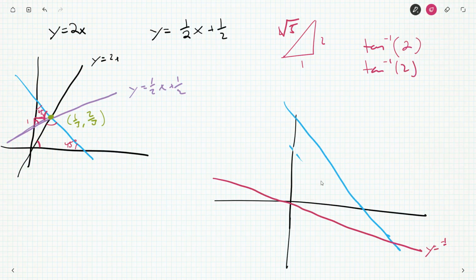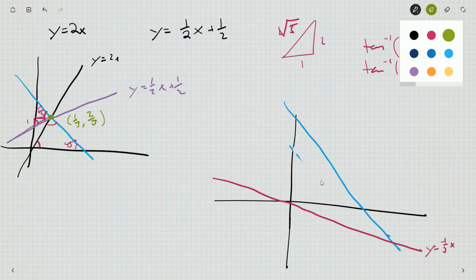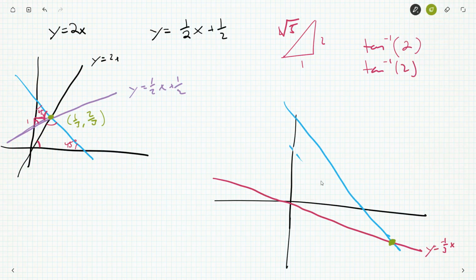So here we got y equals negative 1/3 x. So we do get an intersection point down here, and this intersection point should be 1 over k plus 1. So this should be 1 over 2/3 or 3/2. And then negative 1/3 times that, so negative 1/2.